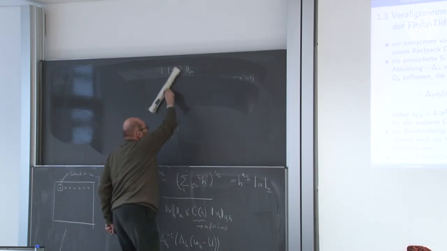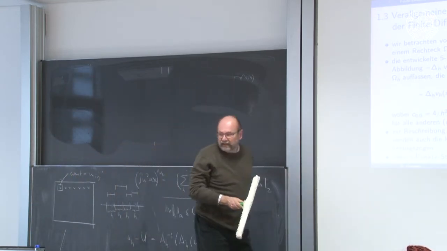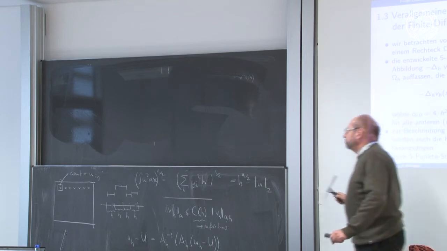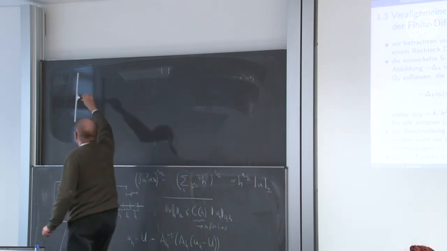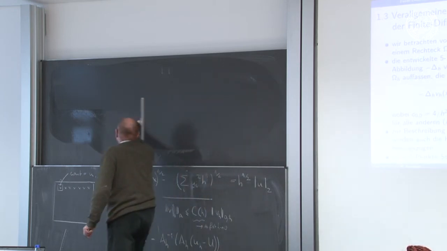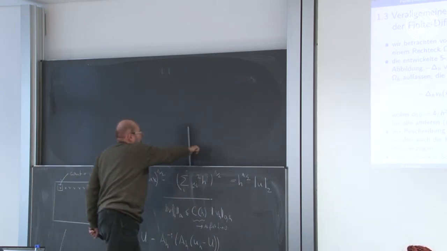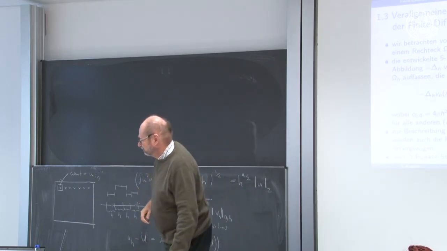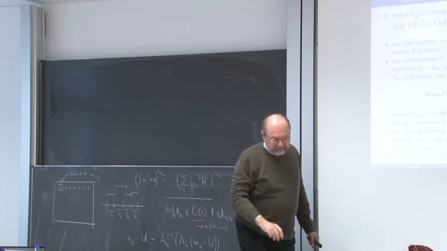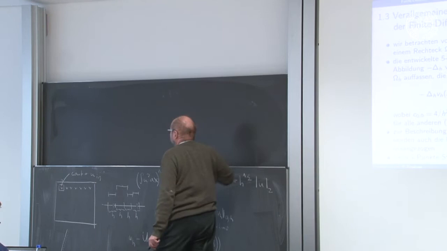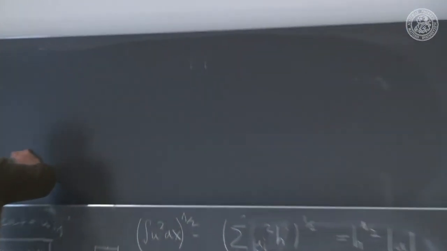Take again the lexicographic ordering, and then we have seen in the lexicographic ordering the matrix has a specific structure, has this banded diagonal structure, and the diagonal blocks are again tridiagonal, and the off-diagonal blocks are just minus the identity matrix.